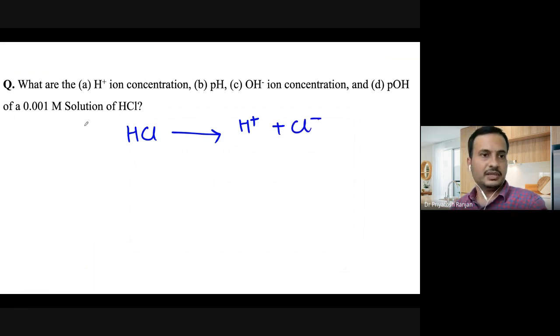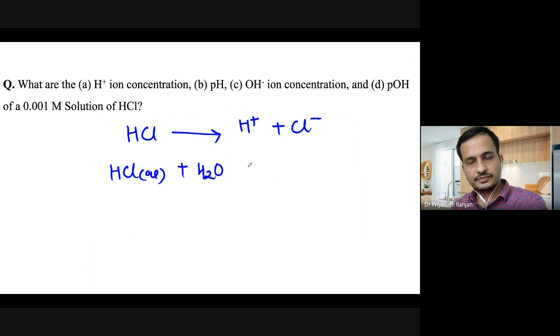Now what does that mean? If I am preparing an aqueous solution of HCl, it is going to ionize completely, and let's assume that the concentration of HCl is 0.001 molar. That means it's going to release this much amount of H plus, which will combine with water molecule to form hydronium ion and chloride ion.